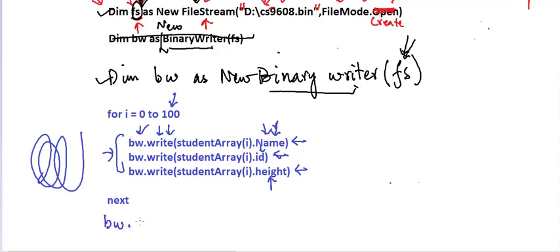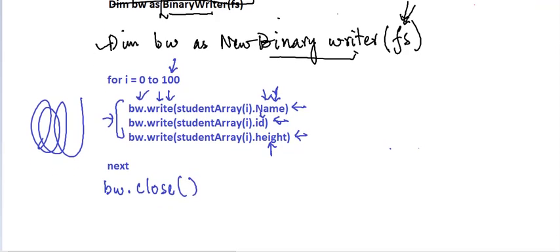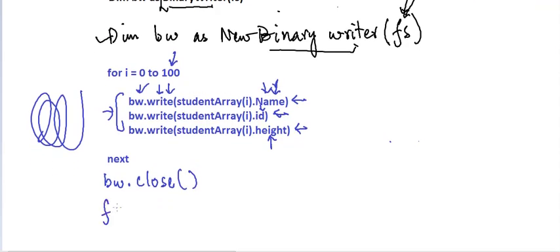So we must use the built-in function called close to close the binary writer, and once again we must also make sure that we close the file stream also. Remember, this carries marks, okay? So you make sure that you close the binary writer and the file stream once you are done writing into the file.